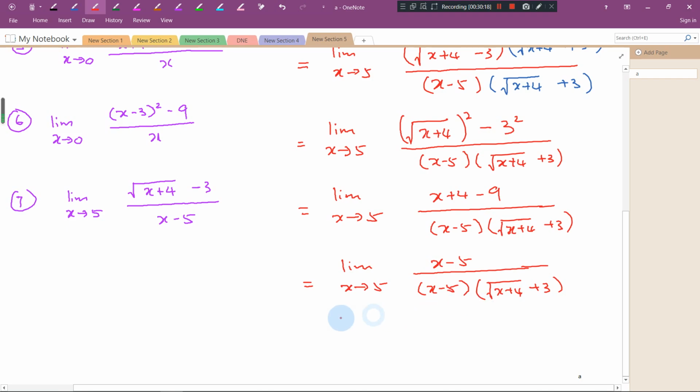Now, the x minus 5 we can cancel out. Okay, so eventually we are left with the limit as x approaches 5, and this is 1 over square root of x plus 4 plus 3. Okay, we are going to get the answer soon.